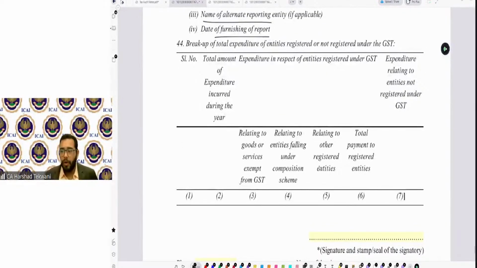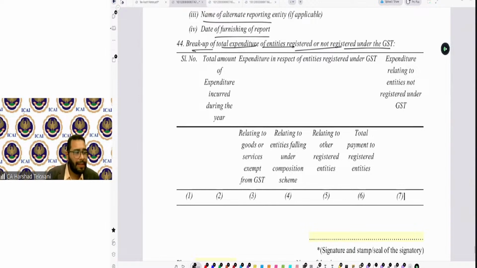Now, the last and very important clause is the breakup of total expenditure of entities registered or not registered under GST. This clause requires the details of expenditure in respect of entities registered under GST with further classification.